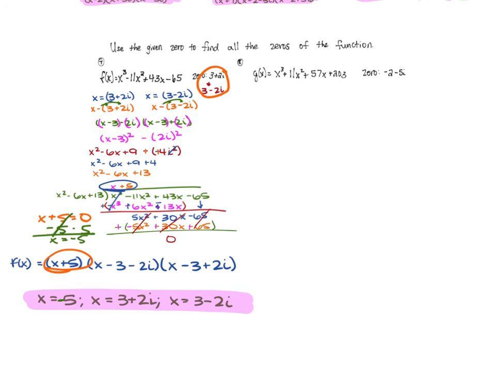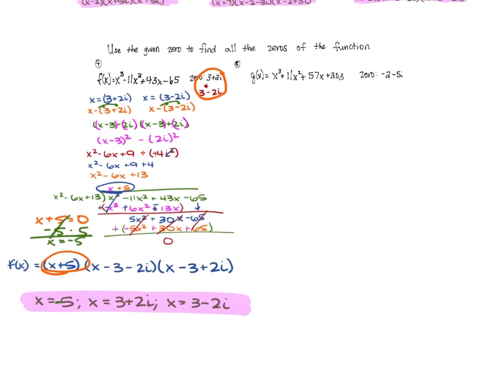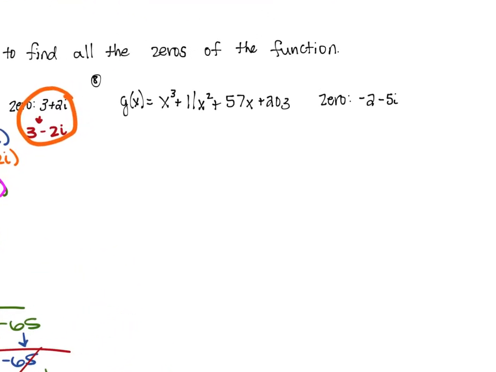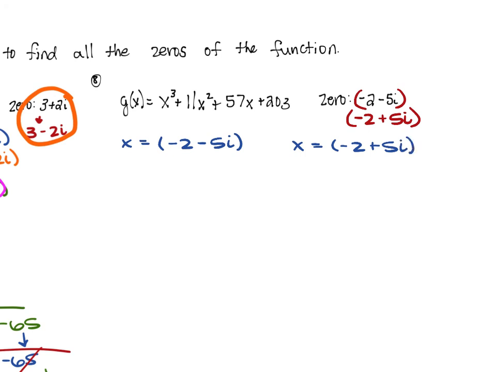For example 8, we're given g of x is equal to x cubed plus 11x squared plus 57x plus 203. Our given zero is negative 2 minus 5i. So we want to also take the opposite of this, or the conjugate of it, and it's going to be negative 2 plus 5i. So these both are our zeros, which means x is equal to negative 2 minus 5i, and x is equal to negative 2 plus 5i.